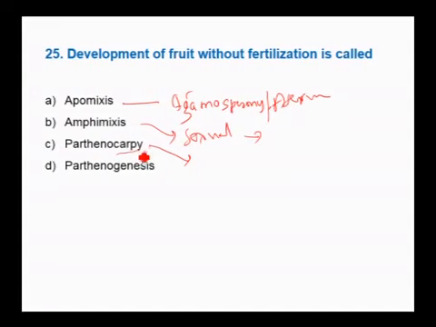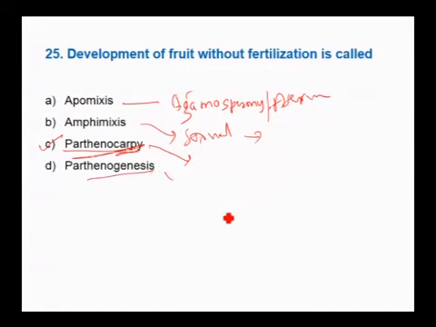Parthenocarpy. Carpel is a part of the pistil. Parthenocarpy is a process where a fruit develops from an unfertilized ovary. Development of fruit without fertilization is called parthenocarpy. So this is the correct answer for the given question. What is parthenogenesis?